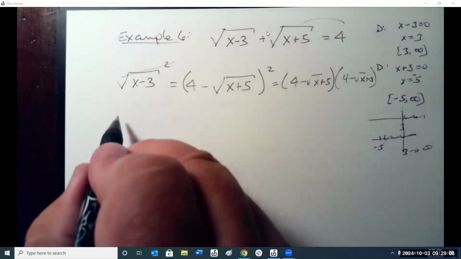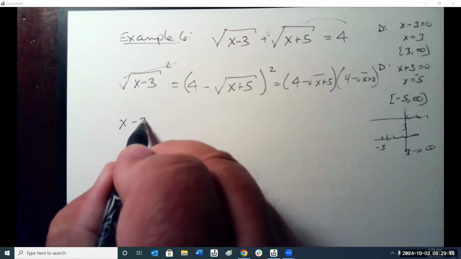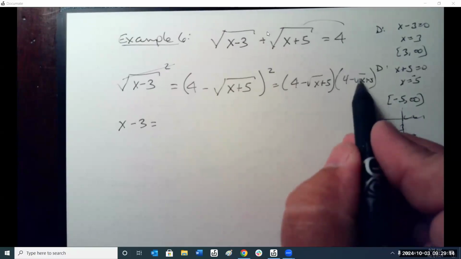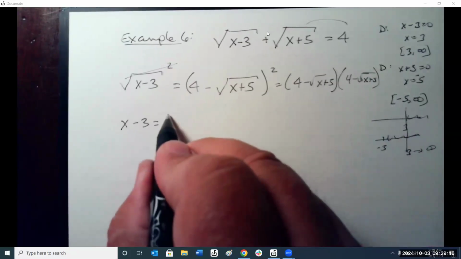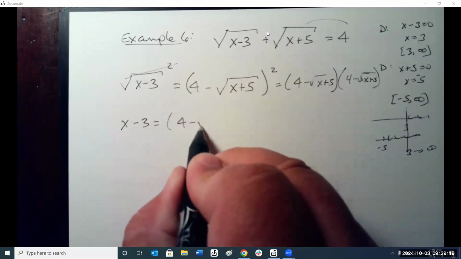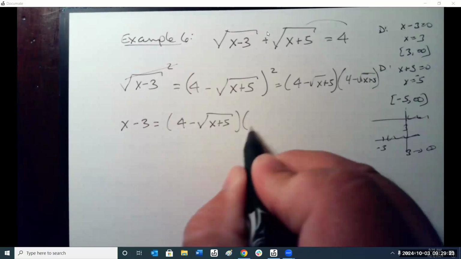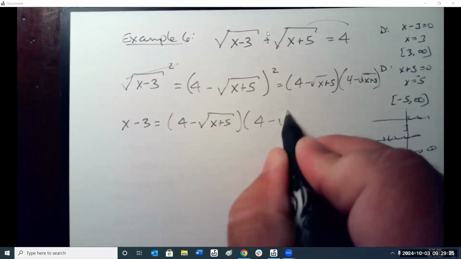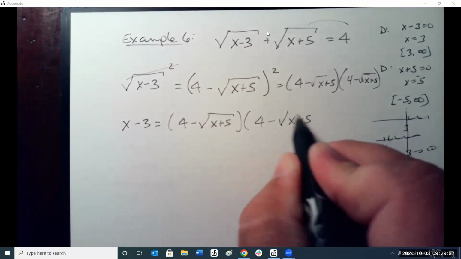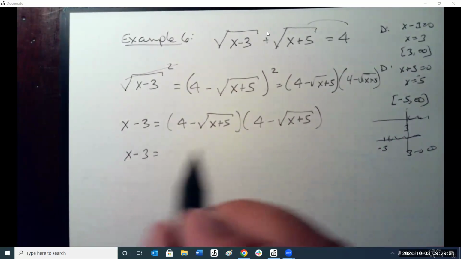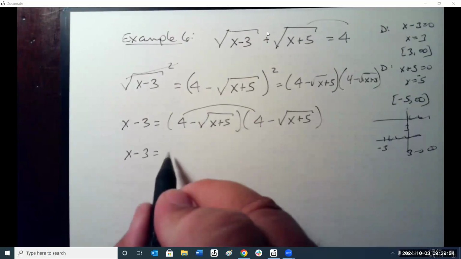So the left side cancels out. Now on the right-hand side, we have to work it out. So it's 4 minus radical x plus 5 times 4 minus radical x plus 5. Four times 4 is 16.